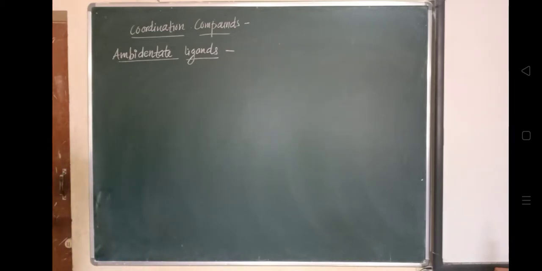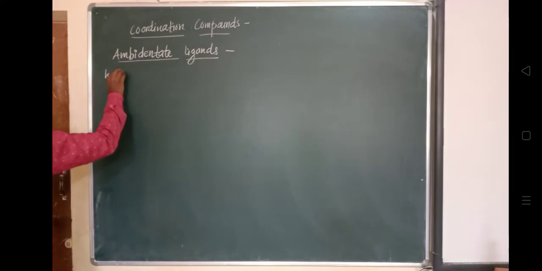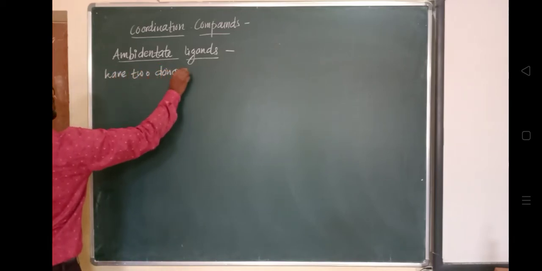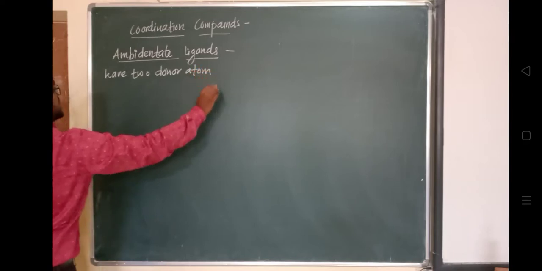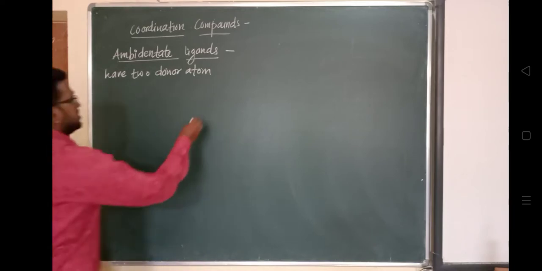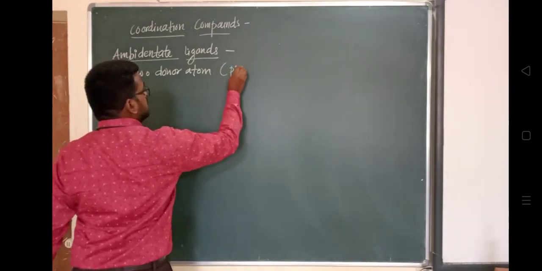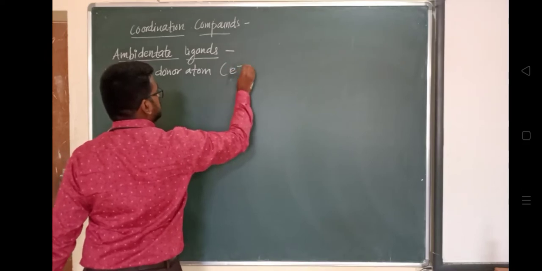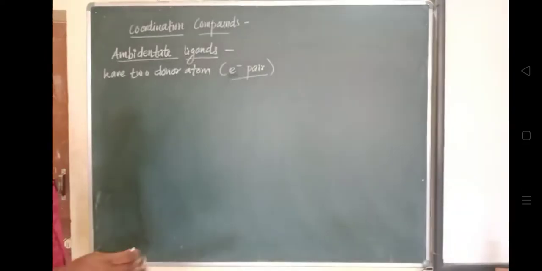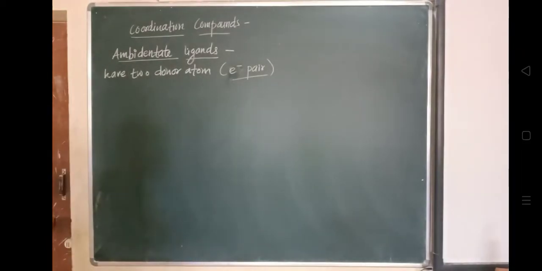It is a ligand which has two donor atoms, and it uses its electron pairs to donate electrons to a central metal atom.